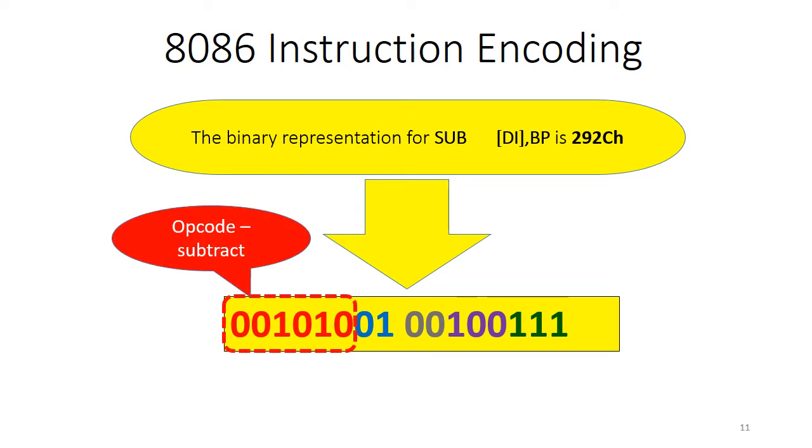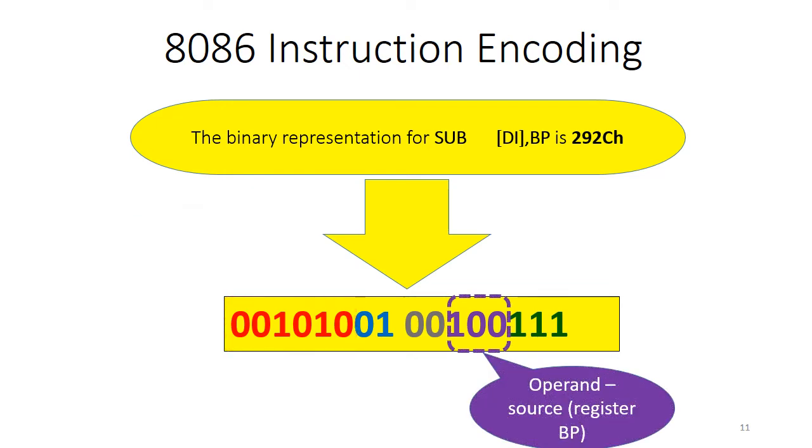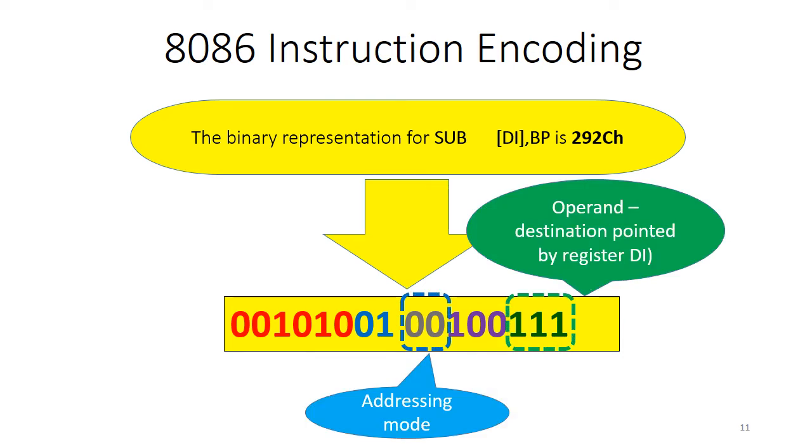Here is the opcode, and it is the 6 uppermost bits of the binary representation. The register BP is specified in the reg field, and the corresponding pattern is 100. The pointer register DI is specified in the RM field, and the corresponding pattern is 111.